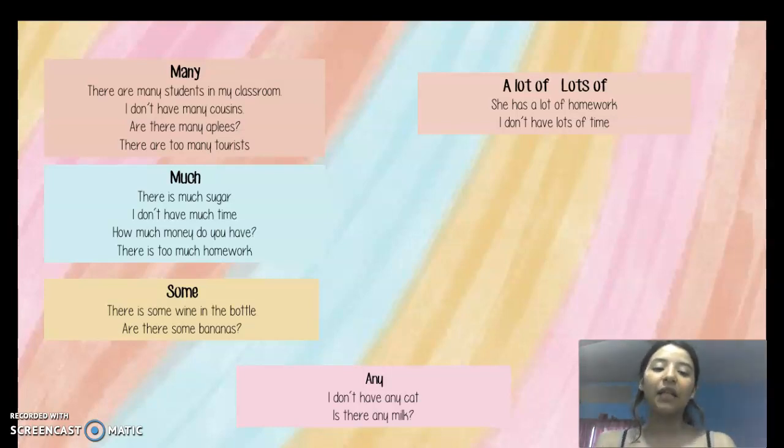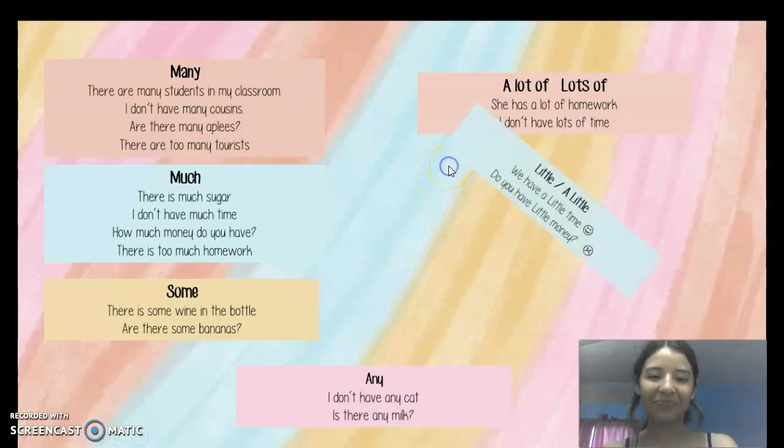A lot of and lots of mean a bigger quantity, and the difference between a lot of and lots of is that we use a lot of in a formal way, and lots of is more to talk in an informal way. So, the example, she has a lot of homework like me and I don't have lots of time.